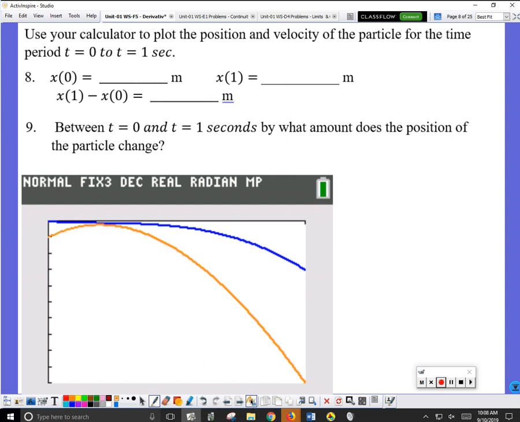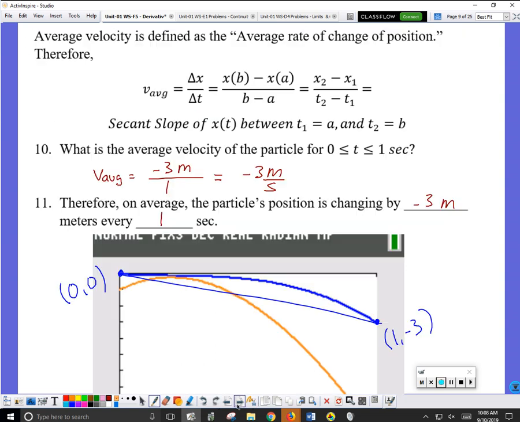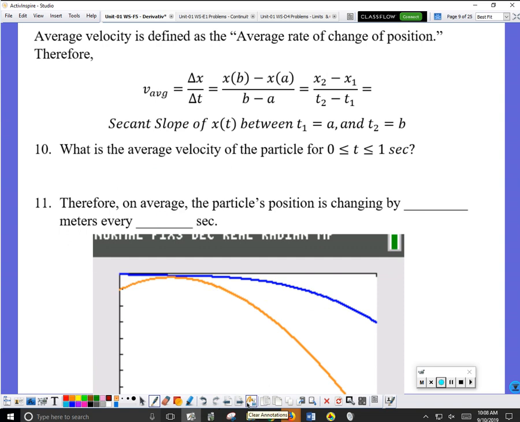So next step. Okay, earlier we said that velocity is the instantaneous rate of change of position. And I believe I said that the words aren't really that important other than instantaneous. What's important is you make sense of the idea.